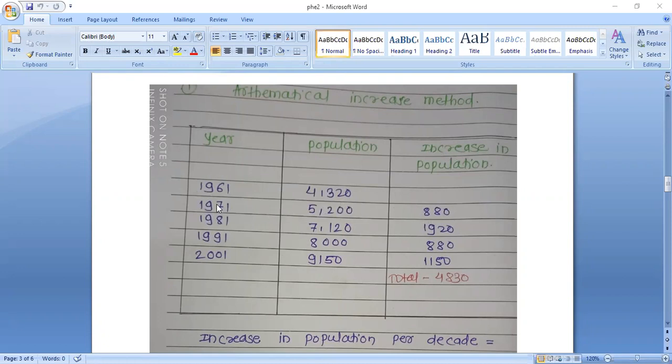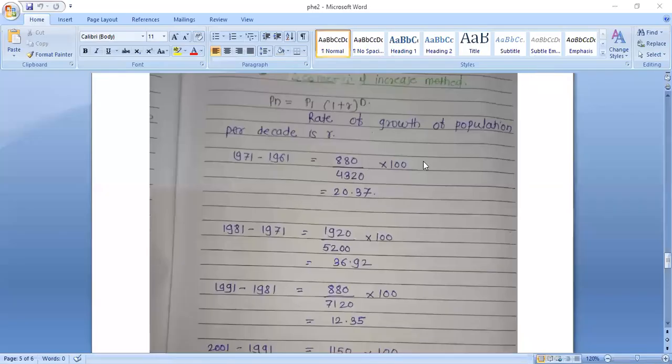that is, the increase in population of 1971 divided by the population of 1961, that is 880 divided by 4320 into 100, and the value of R for the first decade is 20.37.